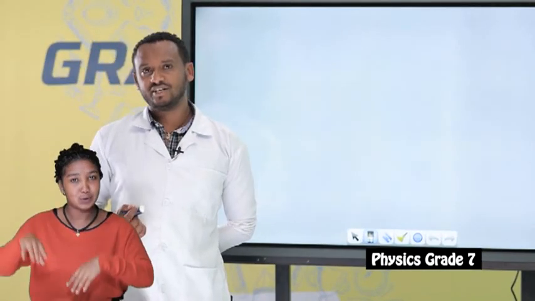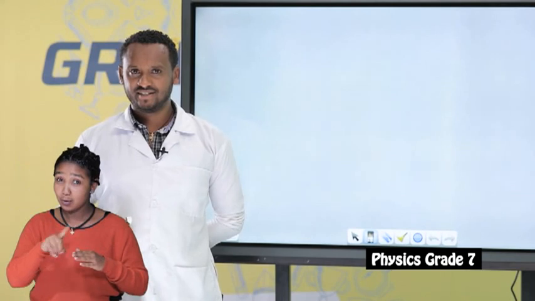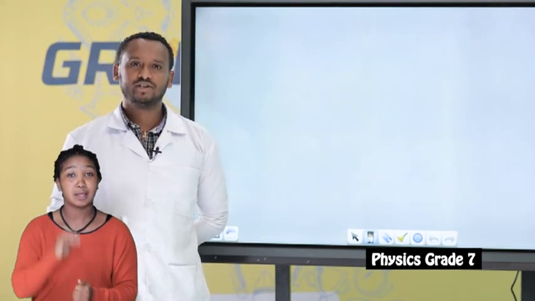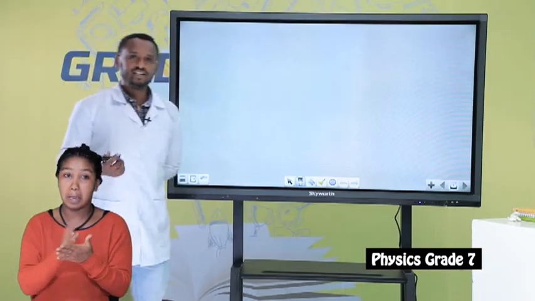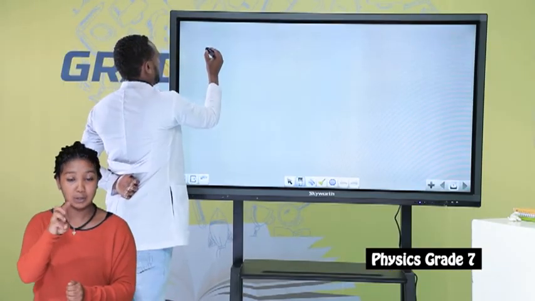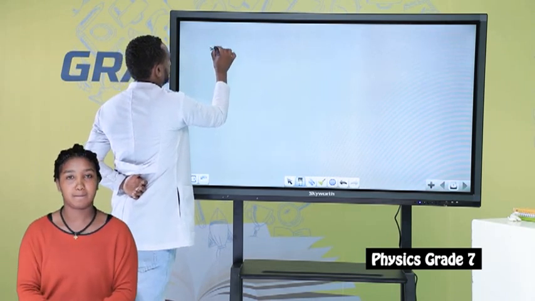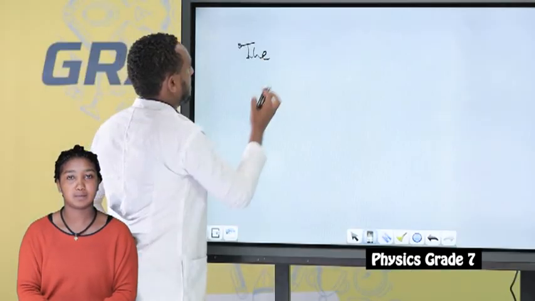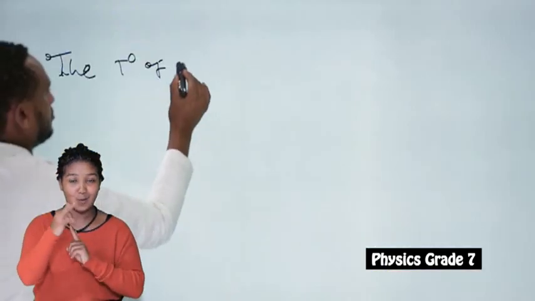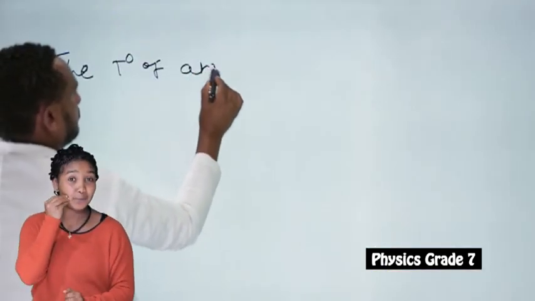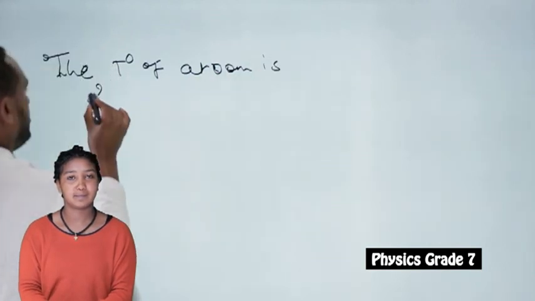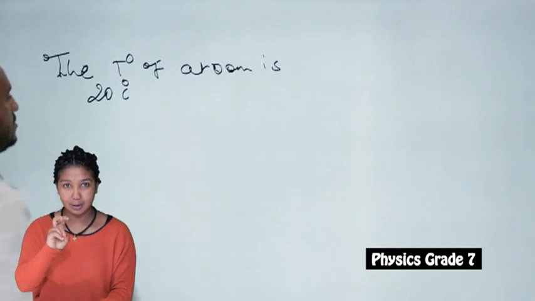Students, have you done your assignment? Good. If you are wrong, please take correction now. Let us do it together. The question was: the temperature of a room is 20 degrees Celsius.